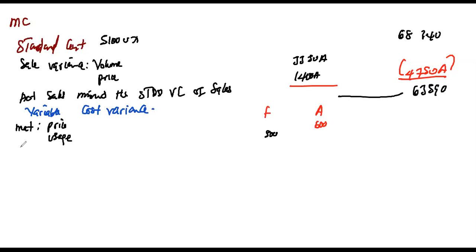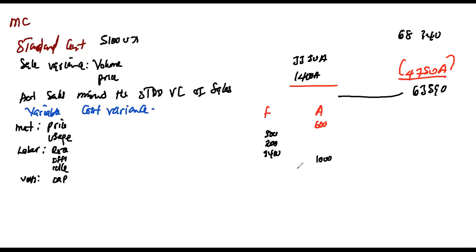You move on to labor. Labor has rate and efficiency. What was the labor rate? The labor rate was 200. Then the efficiency was 34. Then you go to idle, 1,000. And then you go to variable overheads, which has the expenditure.